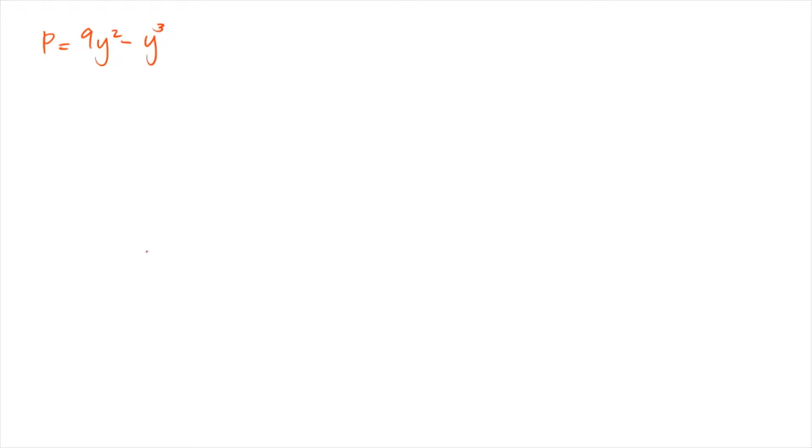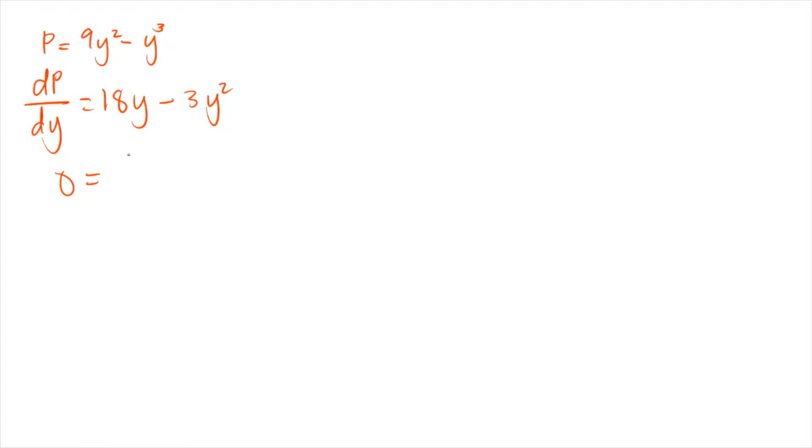The primary equation is now in terms of a single independent variable, so we can now differentiate this equation. Differentiating p with respect to y, that's 18y minus 3y squared. Next, set this equation to 0.